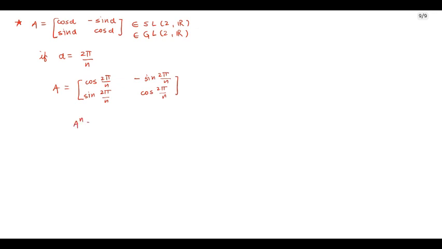Then A to the power n is equal to the identity matrix. All of you know this concept. Here we take some question.